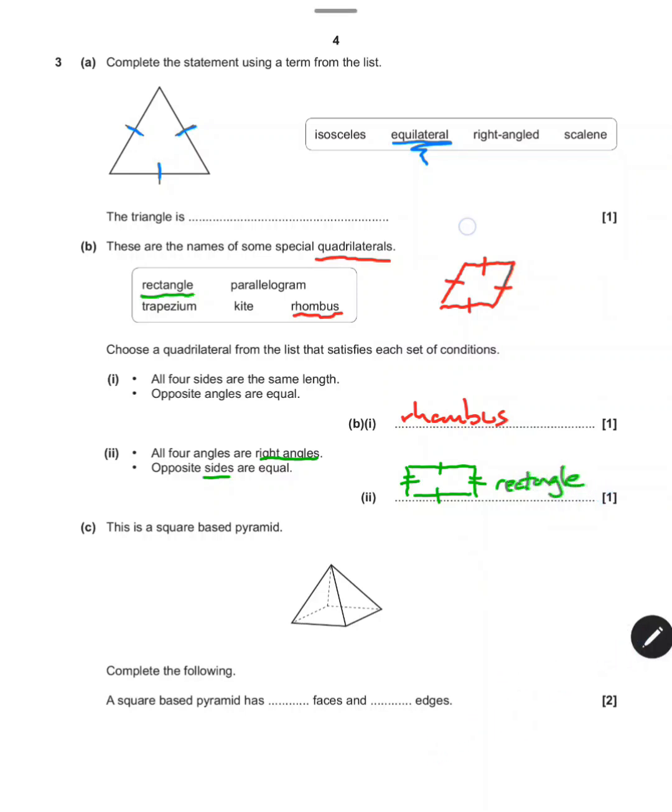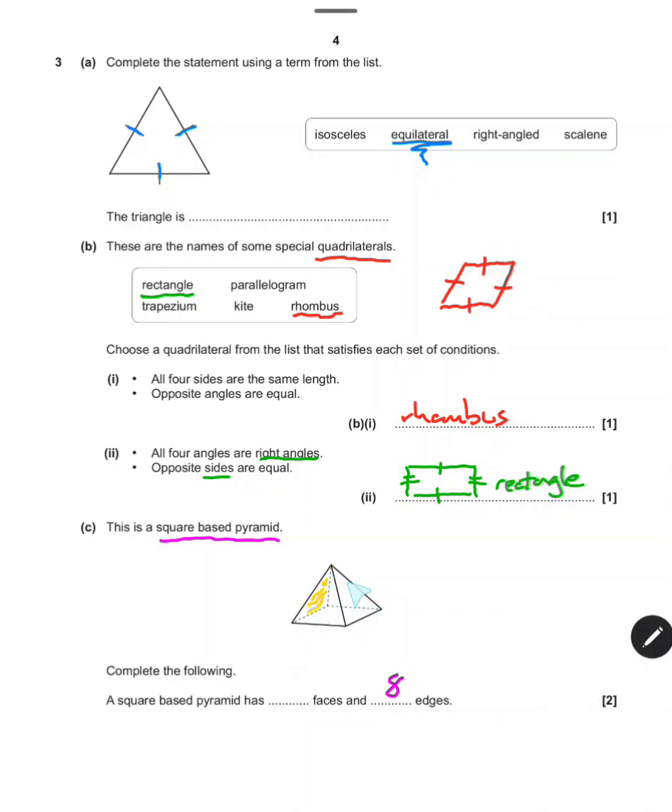And then down at the bottom, we've got a square base pyramid. And we're talking about faces and edges. Well, these are your edges. And you can see that there are 8 of those. Your faces are the flat things that you can see. So I'll try and colour these in.